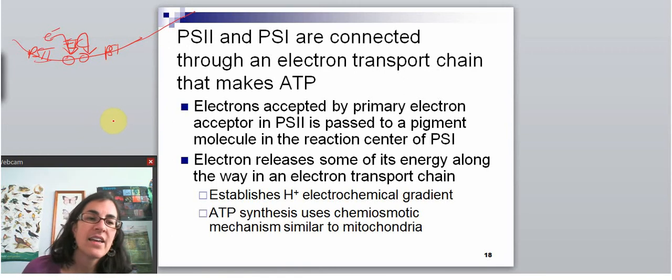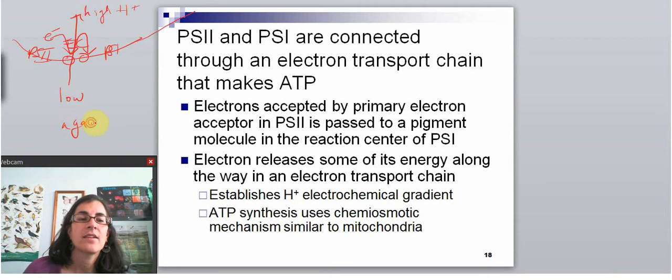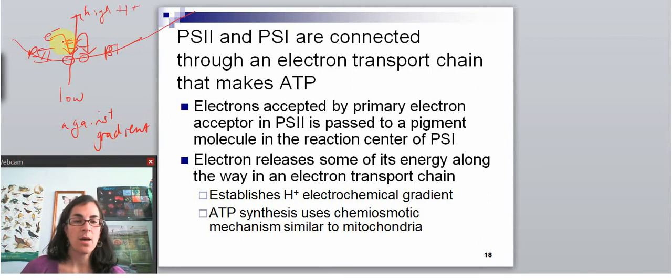And just like in cellular respiration, as an electron passes through the electron transport chain, it's able to pump hydrogen ions from low to high. So that's pumping hydrogens against the gradient. That takes energy. The energy is coming from the electrons moving through the electron transport chain. Still haven't made ATP or NADPH, but guess what?